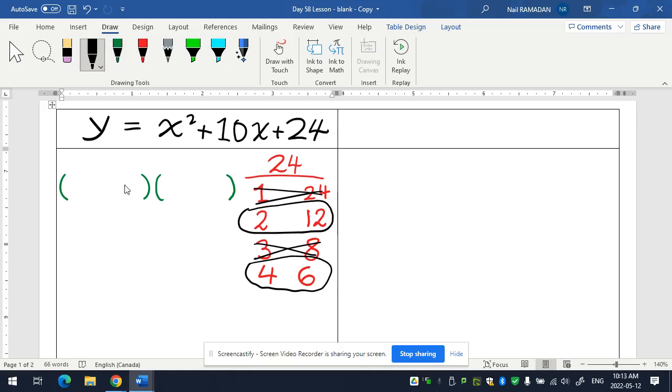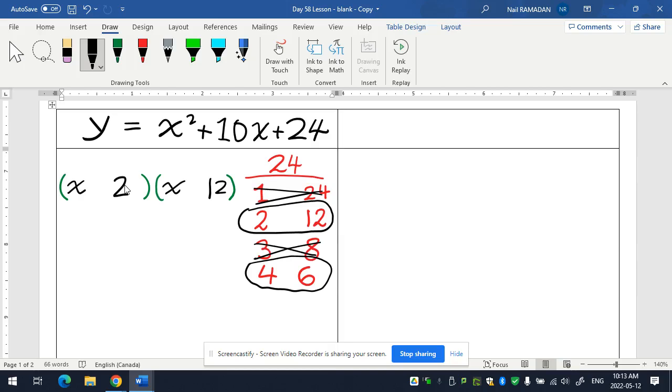You put an X and an X. Okay? What do you do next? You put the 2 and the 12. What do you think I'm still missing between the X and the 2 and between the X and the 12? Either a plus or?